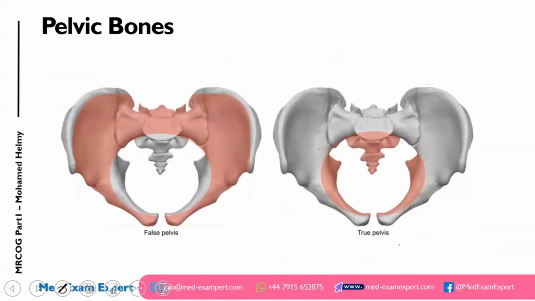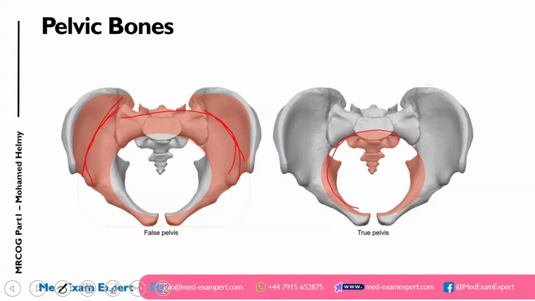This is another 3D diagram showing you what's meant by the false pelvis, enclosed within the ala of the ilium and the sacrum. Okay, this is called a false pelvis, and this is of no obstetric importance.